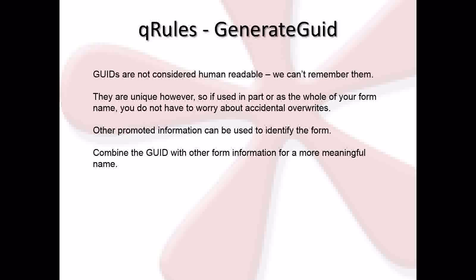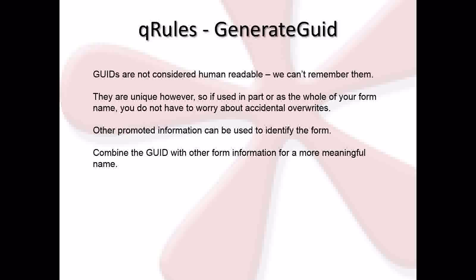We have a command in qRules called generate GUID. GUIDs are not human readable. It's not text that you're going to be able to read and remember so that you can come back and edit the form. It's too long, it's automatically generated, and you're never going to remember it.